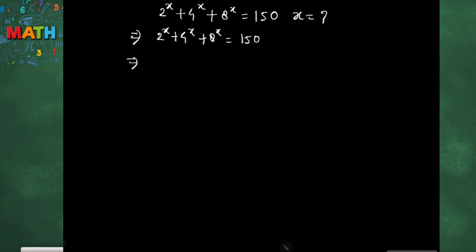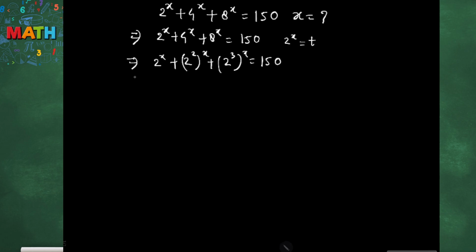Now let's assume that 2 to the power x is equal to t. So this will become 2 to the power x plus 2 to the power 2, 4 can be written as this, plus 8 can be written as this, right?